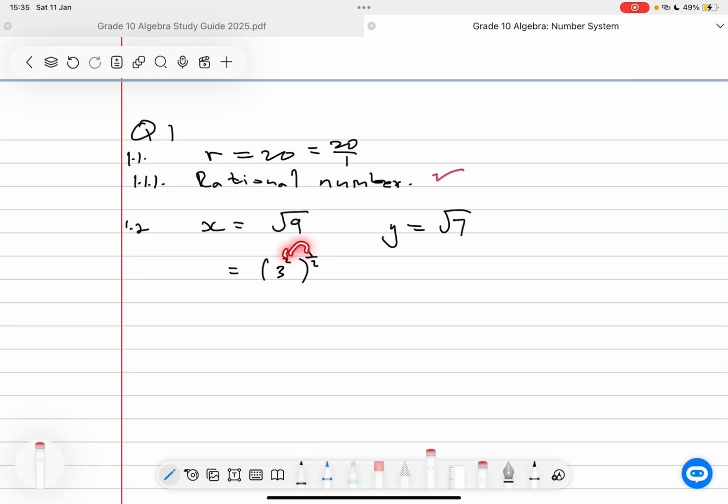And these two will multiply each other. You should remember these things from your grade 9. When they multiply each other, we can see that these two and these two would cancel, so that we are only left with a 3. So this one required us to work a little bit on it before we can answer this question. So this is to say here that our x is equal to 3.